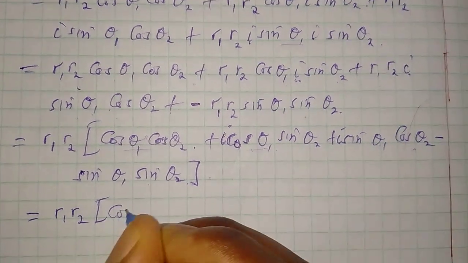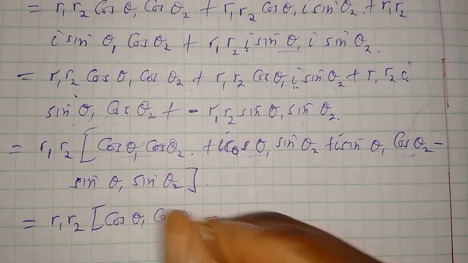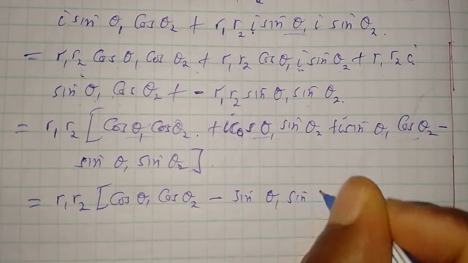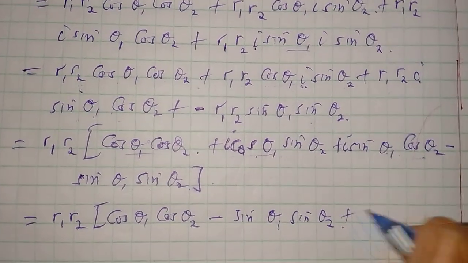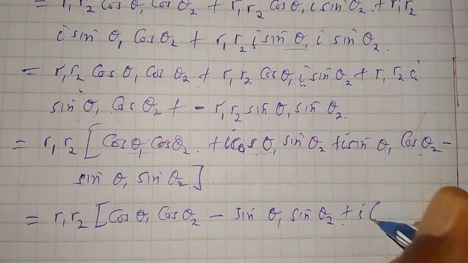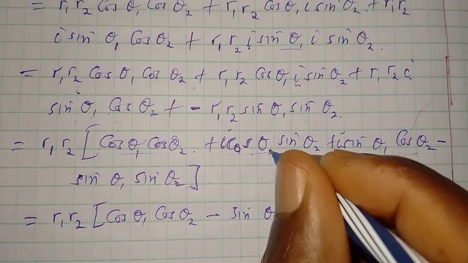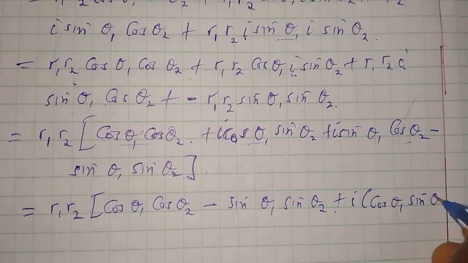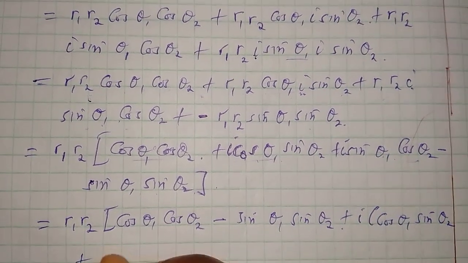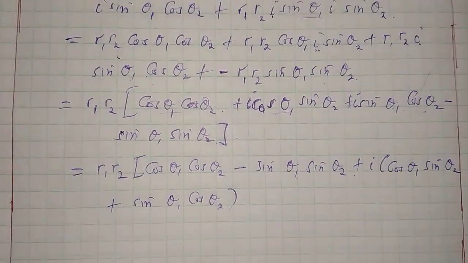So we have cos theta1 cos theta2 minus sin theta1 sin theta2, plus, you can factor this i out and say i into cos theta1 sin theta2 plus sin theta1 cos theta2.